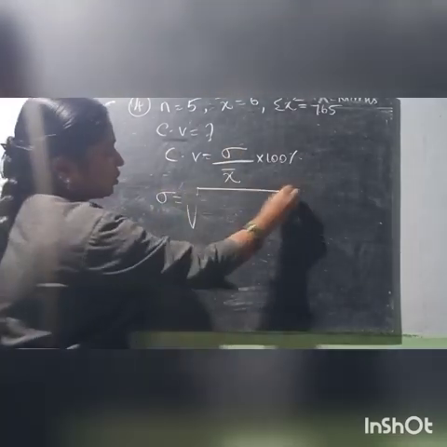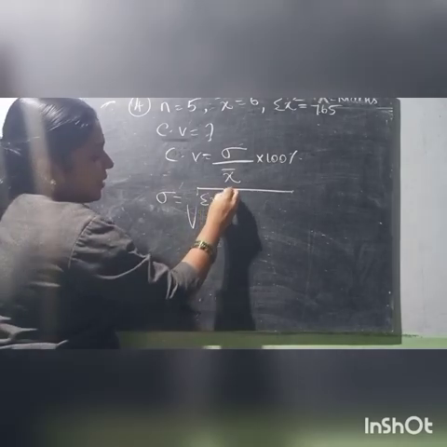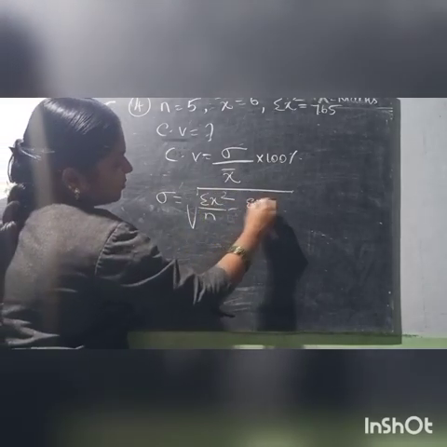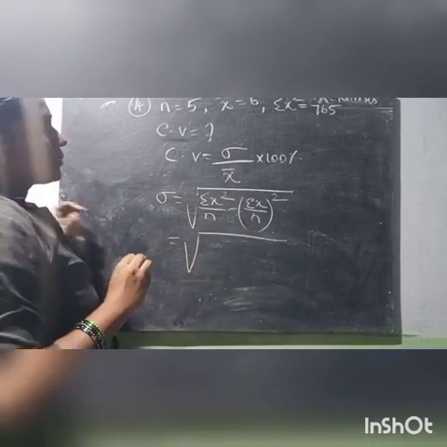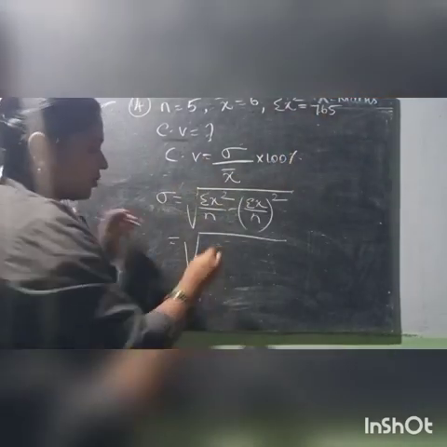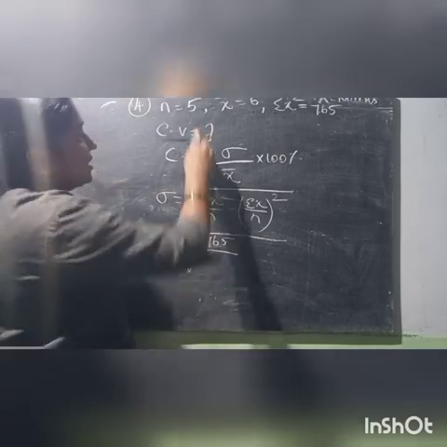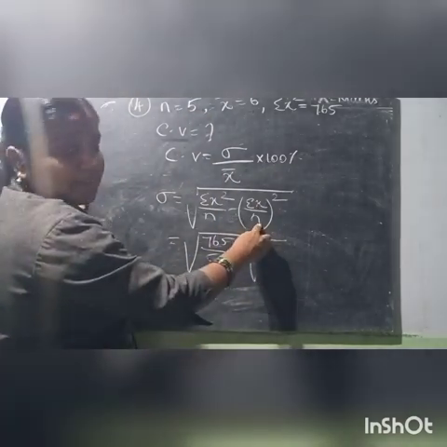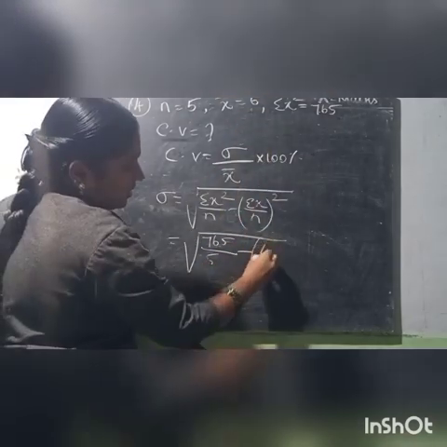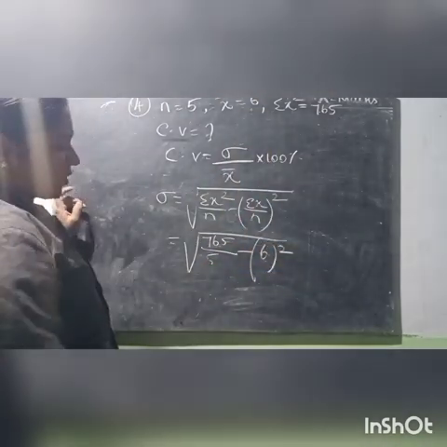Standard deviation equals root of sigma x square by n minus sigma x by n the whole square. So root of 765 by n value 5 minus sigma x by n, that is the mean value, so we substitute 6, 6 the whole square.